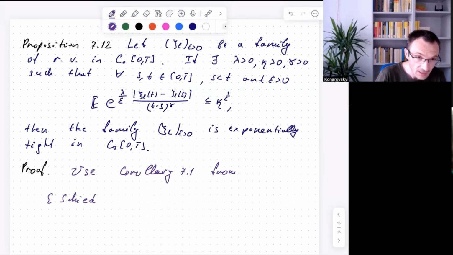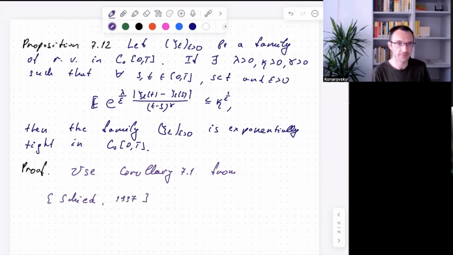The paper is called "Moderate deviations and functional law of the iterated logarithm for super-Brownian motion", from 1997. You will find the precise reference in the lecture notes.